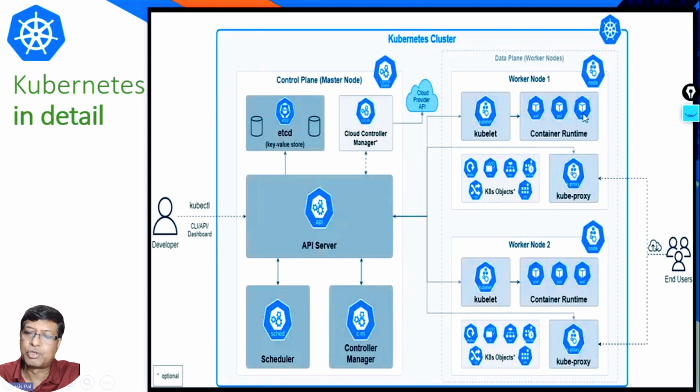So if anything goes wrong in any pod, the kubelet will be the first to come to know. This will be reported to the kubelet by the pod network. There is a pod network running between the master and all the worker nodes, so that I can distribute an application over worker node 1 and over worker node 2. So 3 pods may be working over here and 5 pods over there. So I will have 8 pods, replica sets, three of them working on worker node 1 and 5 of them working on worker node 2.